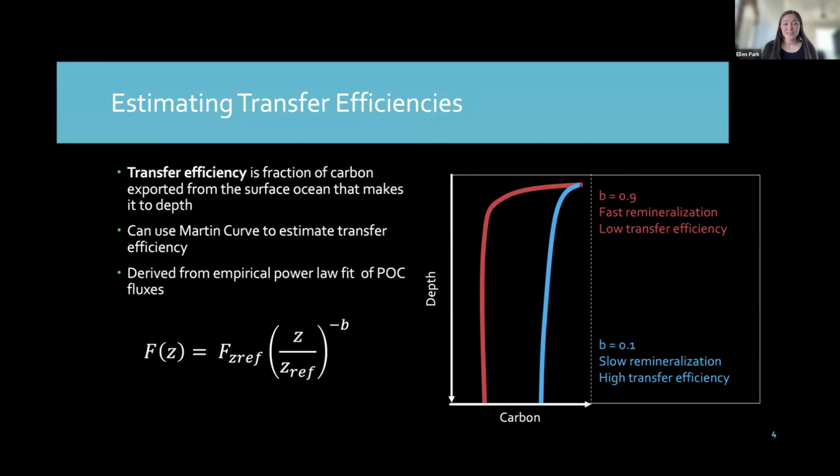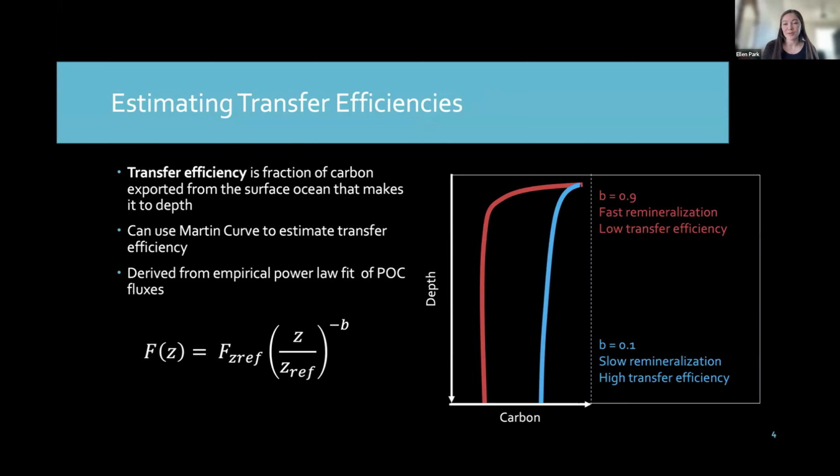The transfer efficiency is the fraction of carbon exported from the surface ocean that makes it to depth, and we can use the Martin curve to estimate these values. So you can see the equation below, and this is derived from an empirical power law fit of particulate organic carbon fluxes. And so what it looks like with depth, there are some schematics of sample carbon profiles that have the same amount of carbon in the surface under two different scenarios.